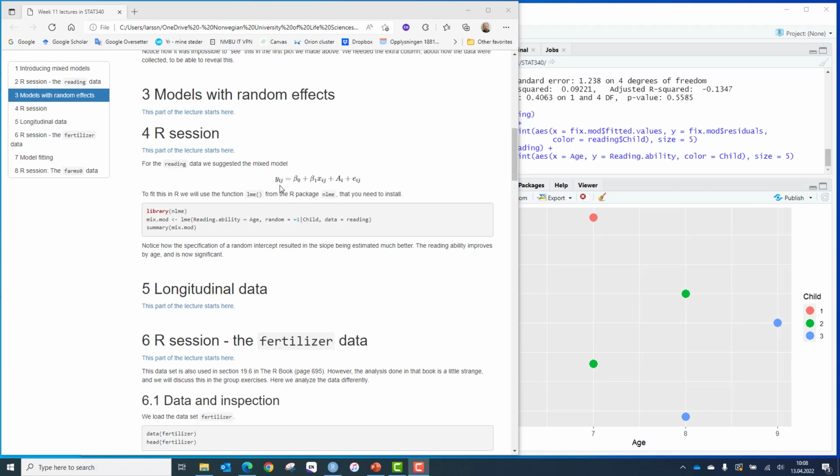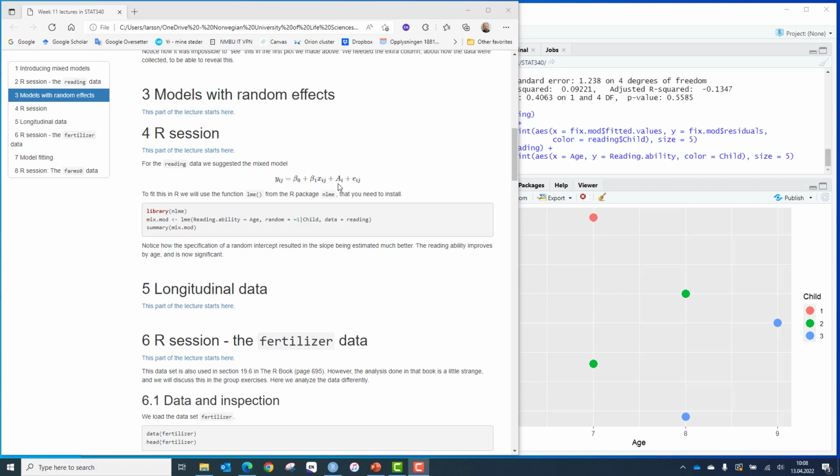Where we have the reading ability as a response. Then we have a regression model here where x is the age of child i, age number j, right? Because there are two ages for every child. So i goes 1, 2, 3, j goes 1, 2. So this is the regression line, you could say.